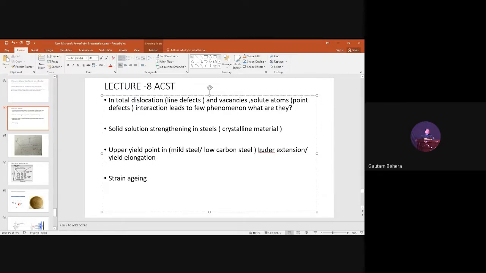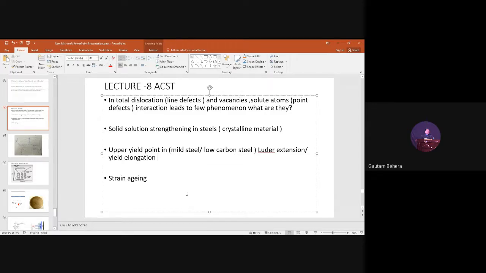These are phenomena we basically see in mild steel, that is, low carbon ferritic steels. We can also see this in plastics, in aluminum magnesium alloys, aluminum zinc alloys, and certain metals also, right? Upper yield point phenomena.